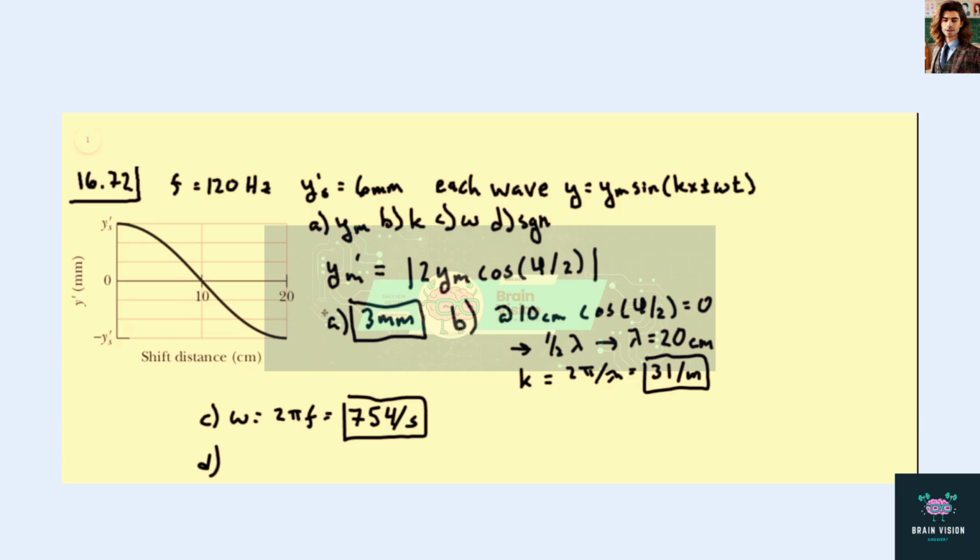And now for the sign we want here, we're told in the statement of the problem that they're traveling in the positive direction of the x-axis. So we need a negative sign on the omega t term here to make that happen.